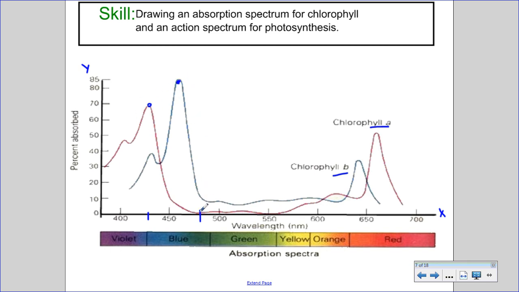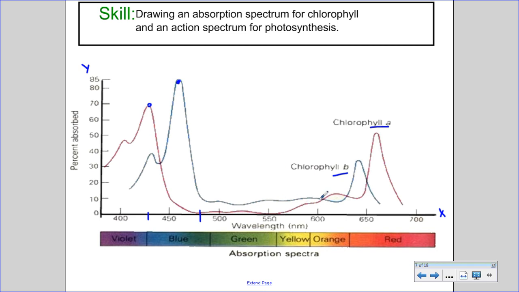And then as the wavelength increases into this green portion of light, the absorption drops dramatically. So almost no light is absorbed in this green wavelength. In fact, the majority of this light is going to be reflected. And again, this is why we see a plant as being green.